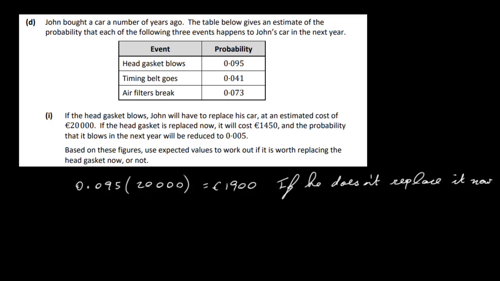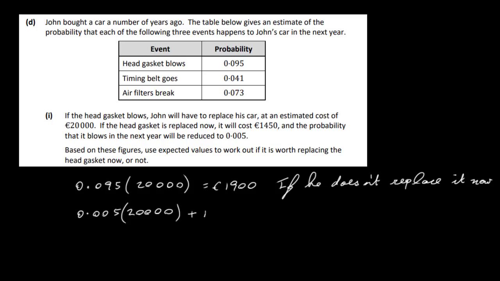And what about if he does replace it now? Well, the probability is going to be 0.005. It's going to cost him 20,000 euros if it does blow in the next year. And he's also going to have to pay out 1,450 euros now to replace the head gasket.